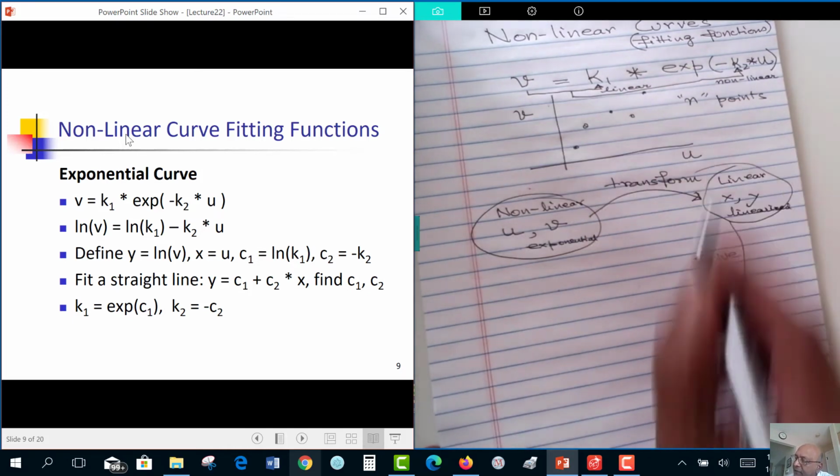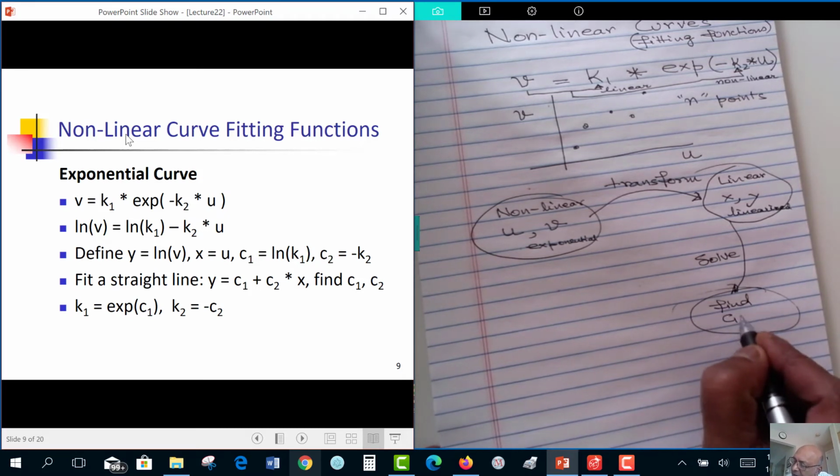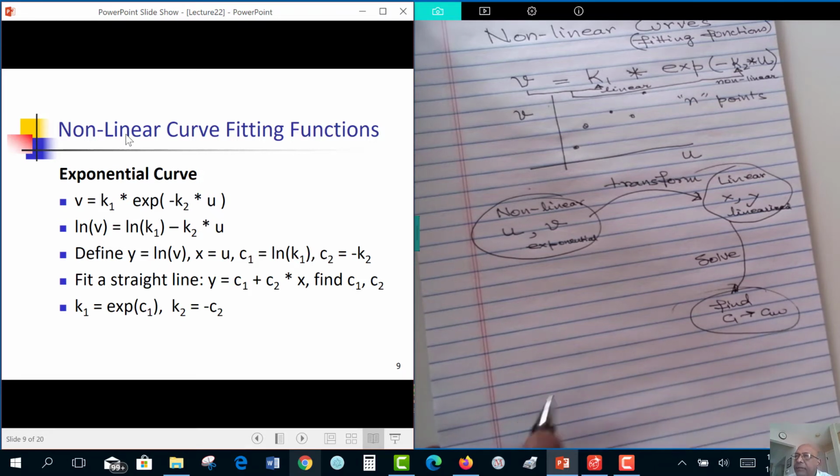So in this case, let's say we are doing curve fitting. We are going to solve and find C1 through Cn. Once we do that, we will do an inverse transformation.